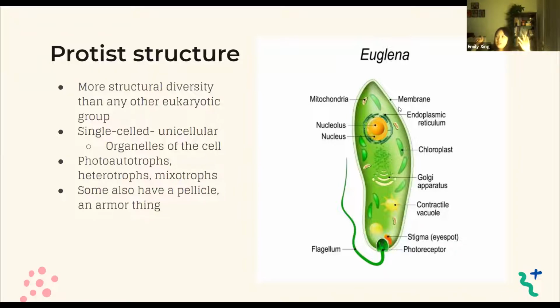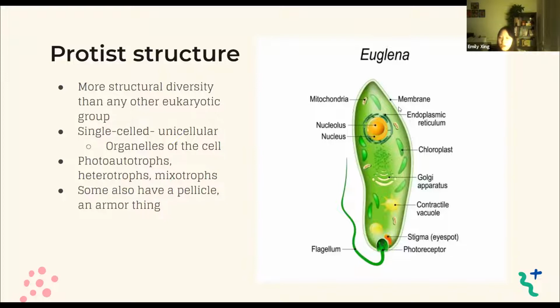Microtubules are a mix of different molecules from the cytoskeleton of the cell, and the cytoskeleton helps maintain cell structure. So the flagellum helps the protist move across various substances, like a propeller. The stigma is a really pigmented area within the cell that helps with absorbing light. Same with the photoreceptor, it also aids in light collection.